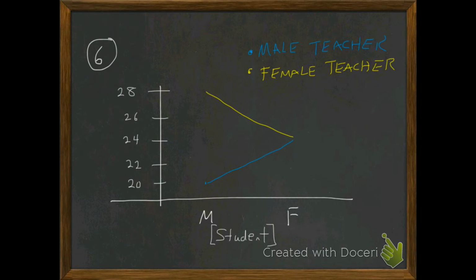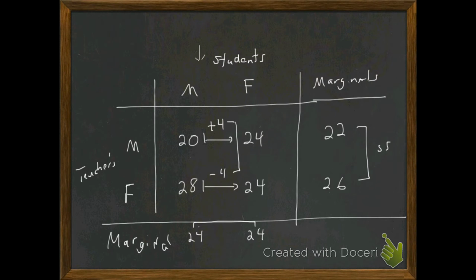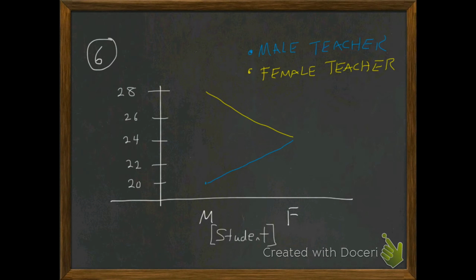So in isolation of everything else, let's assume that we don't have this over here, and we're just looking at this plot. How do we know? Well, first of all, we know that the interaction, let's just call it A cross B, the interaction effect is statistically significant because we don't have parallel lines.